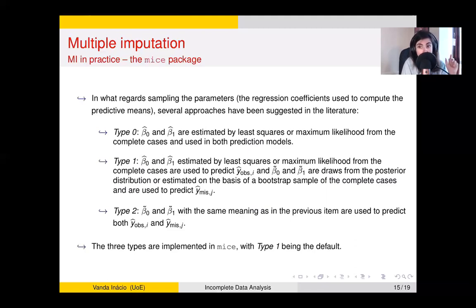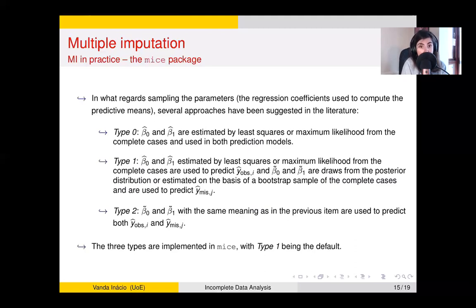To select the donor, we look at the smallest d absolute differences, with d being equal to 5. Okay, that's what mice does by default when we use predictive mean matching with its default method.